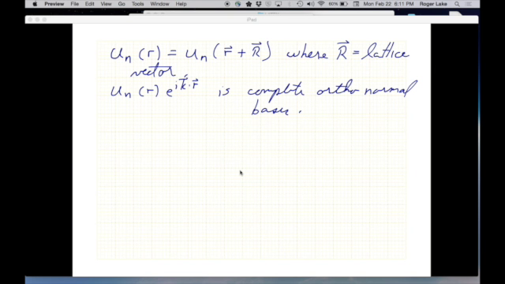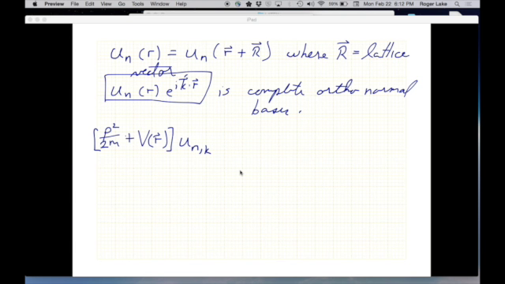So what we do is we just wrote down Schrodinger's equation, and now we just replace psi with this guy right here. So wherever we saw psi in our Schrodinger's equation, we're going to put in this, because we know this is a form of psi. Okay? We'll go ahead and do that. We have p squared over 2m plus V. And this V just represents the periodic potential of your entire crystal, acting on u, and can in general be a function of k also.